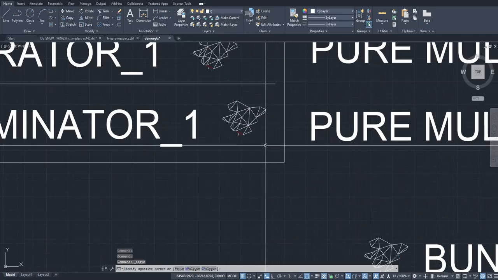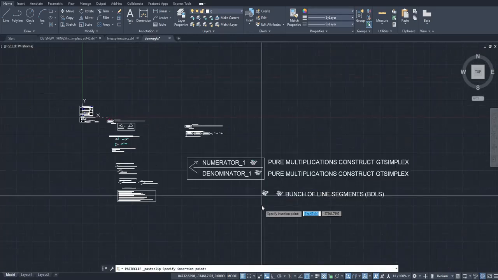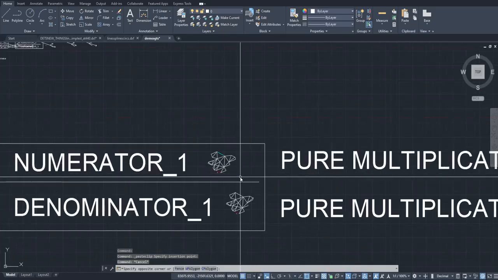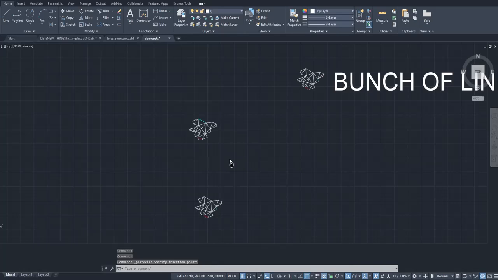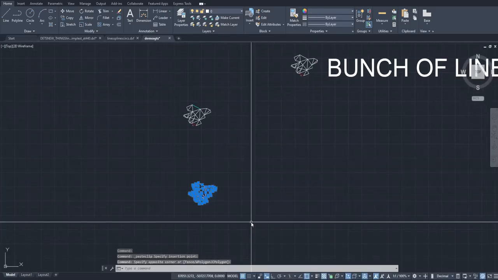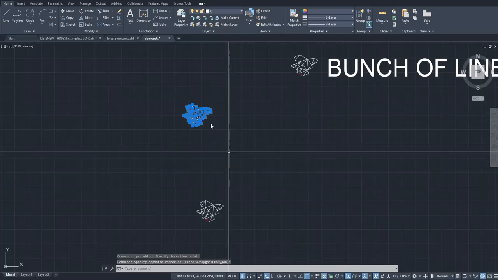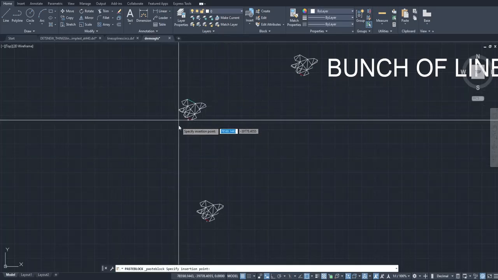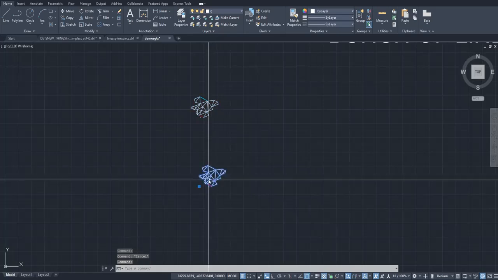Now when we do the division, we will take this whole thing as the denominator, and this whole thing as the numerator, and now this is done as a blocking. This one is also done as a blocking. So this is a CAD block now. This one is also a CAD block now.